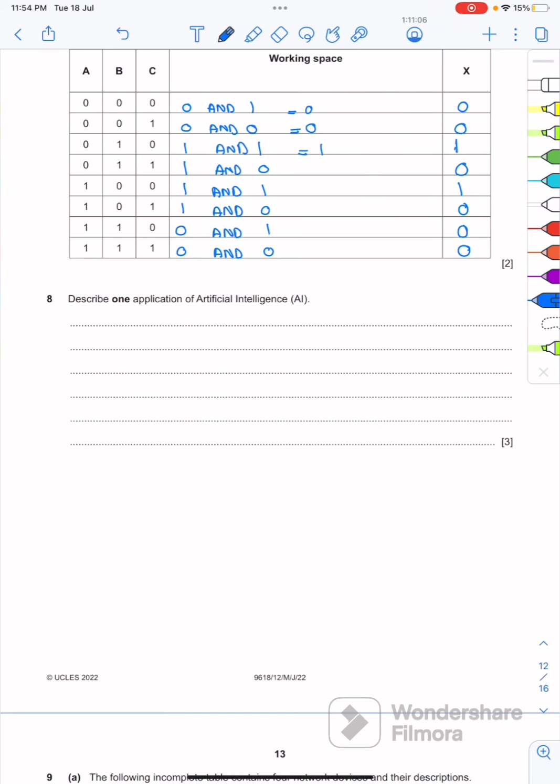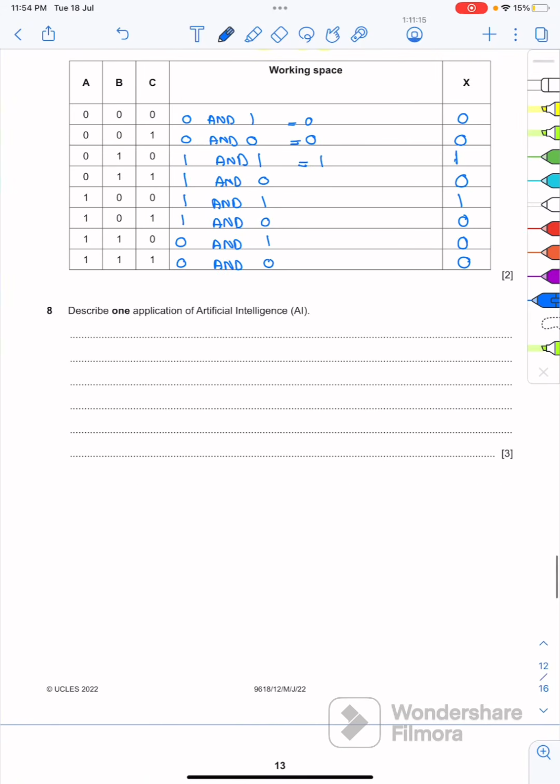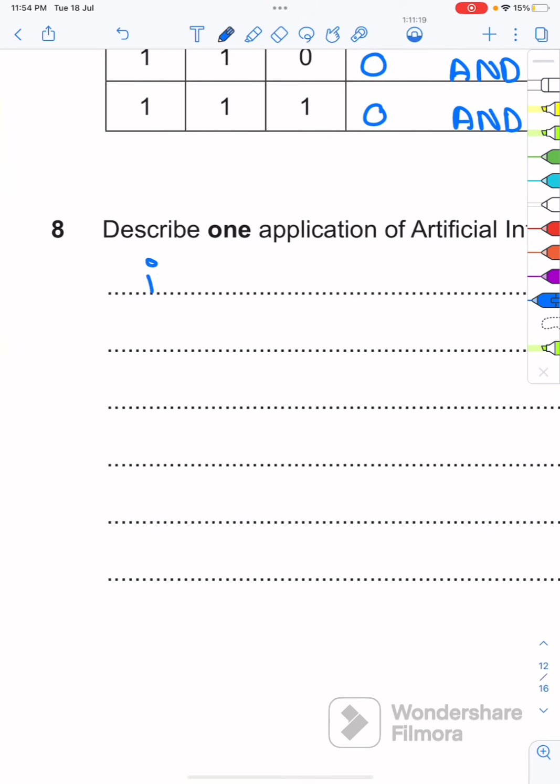So artificial intelligence, the one that I'll say that I've interacted a lot with, so it's a 3 mark question, I'll mention gaming, right?